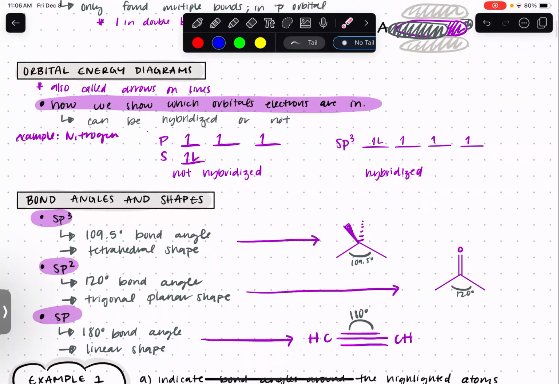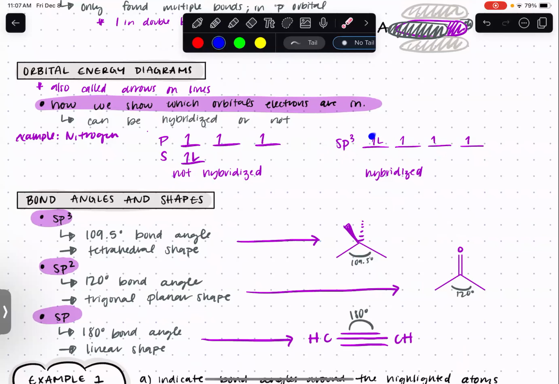So in this example for nitrogen, we see that when nitrogen is not hybridized, this is what it's going to look like. We have our 3 p orbitals with 1 electron each, and then our s orbital will have 2 electrons in it. If we hybridize that, we get 4 sp3 hybrid orbitals.